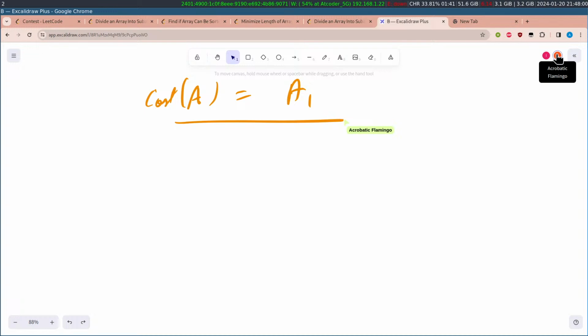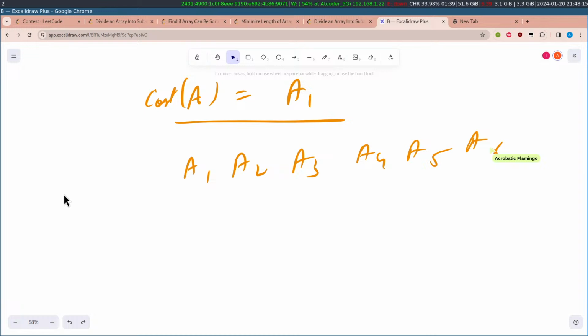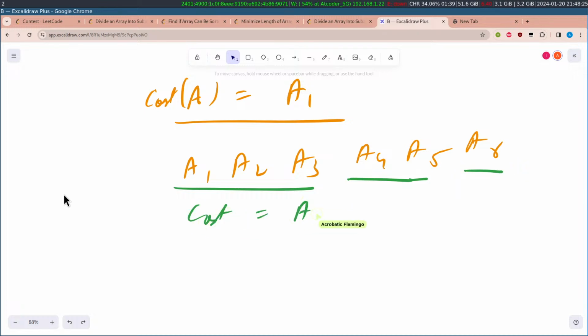Then it says you are given an array A. You will have to divide this array into three different arrays, in such a way that the total cost is the minimum possible. For example, one way to divide this array would be like this. In this case, the cost would be A1 plus A4 plus A6.